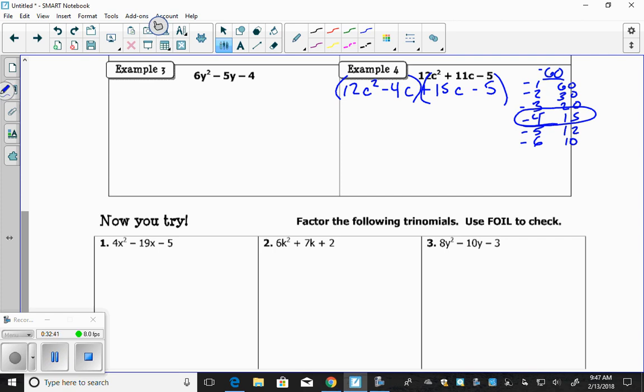It's not 12, because 4 divided by 12 does not give me a whole number. 3 won't go into 4. It's 4. So what's left? 3C minus 1. Same thing. We got the same answer.